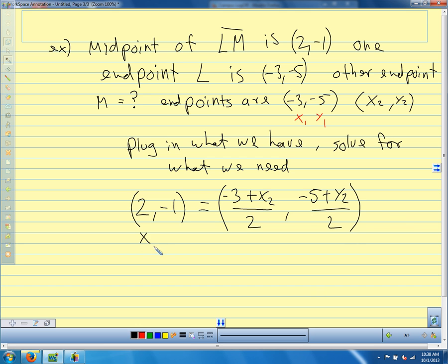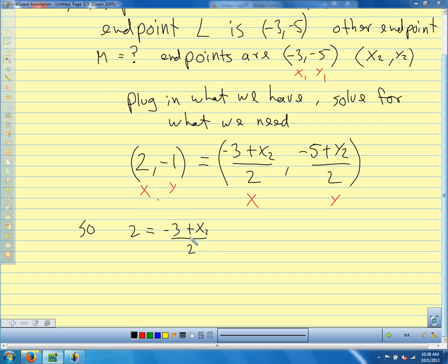This is the x and the y of my midpoint, and this is the x and the y from my formula. The x's are the same and the y's are the same. So 2 equals -3 plus x2 divided by 2.